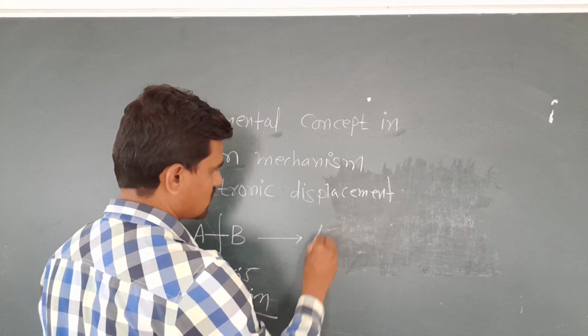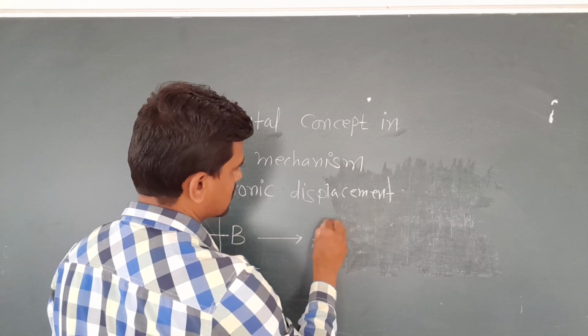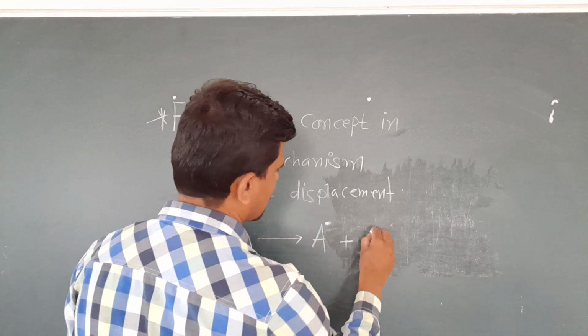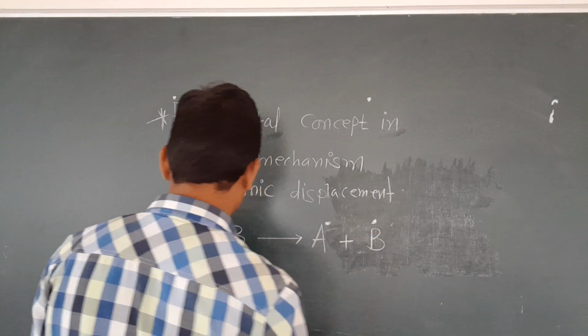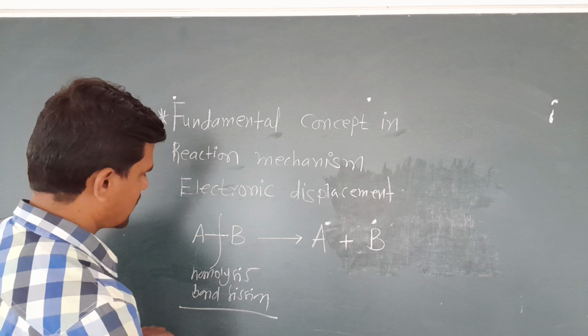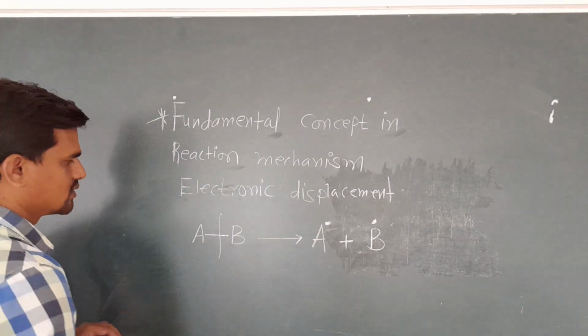There are two electrons, so a single electron goes to atom A and a single electron goes to atom B. This is how we can indicate this electronic displacement.